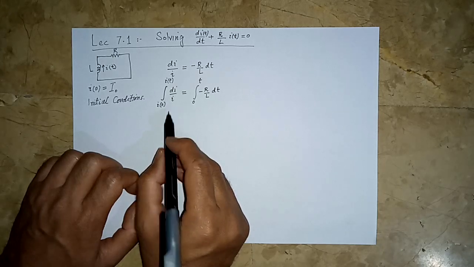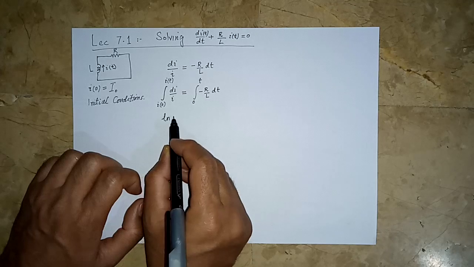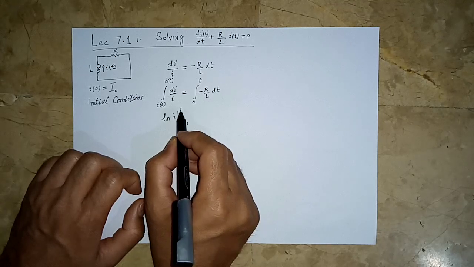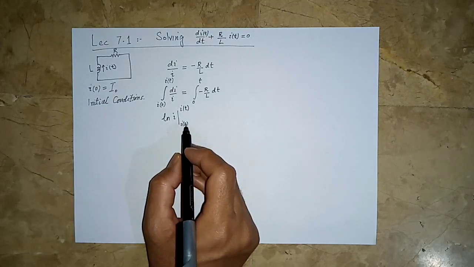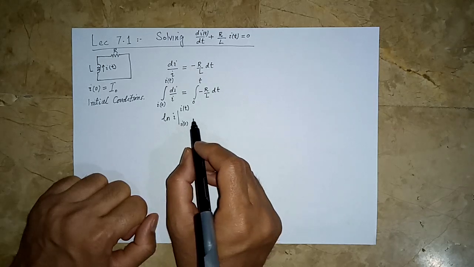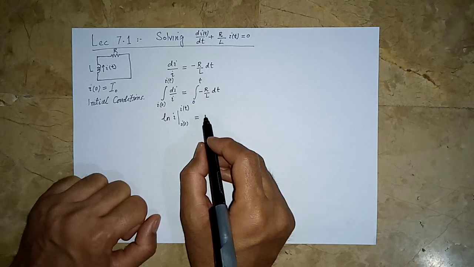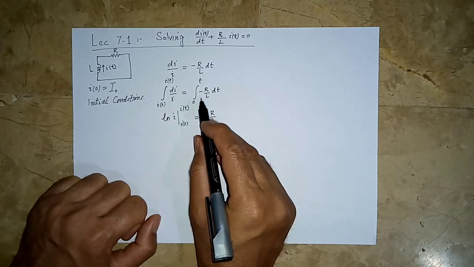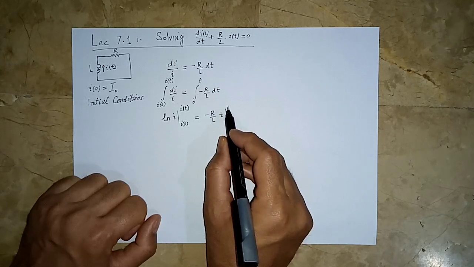The integral of 1 over i, everybody knows, is the natural log of i. So we have in the limits I0 to i. Later on I will change this 0 to something else, but let us keep this 0 here, equal to minus R over L times the integral of 1, and that is t, with limits from 0 to t.